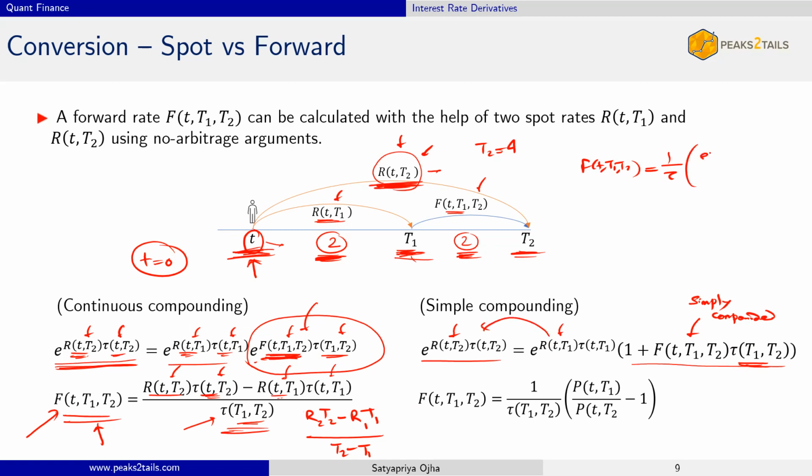So we have e to the power r t T2 tau t T2 divided by e to the power r t T1 tau t T1 minus 1, correct? This is what I have. But this is 1 by tau, tau as in tau T1 T2. Let me write that. Okay, I'll squeeze it in here.